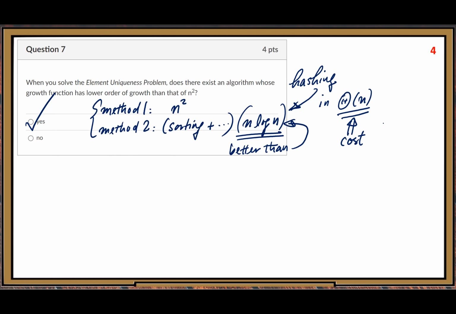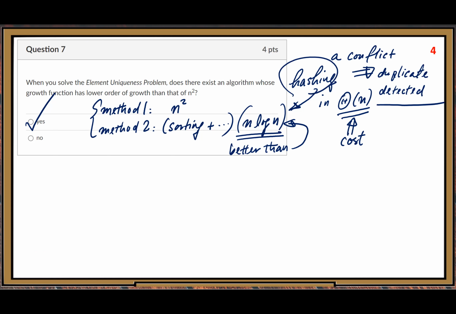When a conflict occurs, you get a duplicate element detected. So that's simple, but we need to learn that algorithm first.